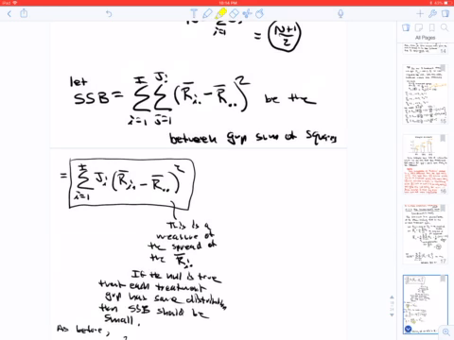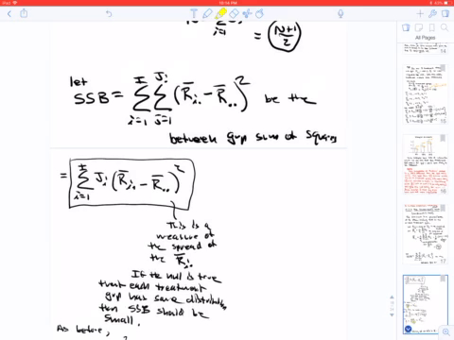So if the distribution for each treatment group is the same, then you would expect that the ranks for each of the treatment groups should be the same or similar, right? So the spread of the means, which is what the SSB measures, the spread of the mean ranks should be small if the null is true. So we're going to be rejecting if we get a large SSB.